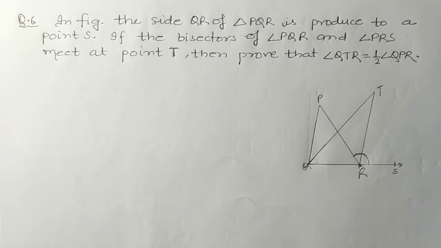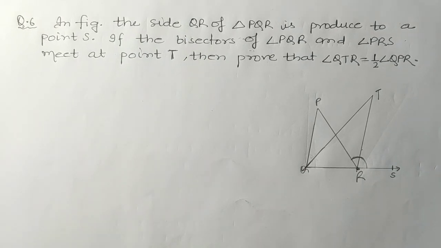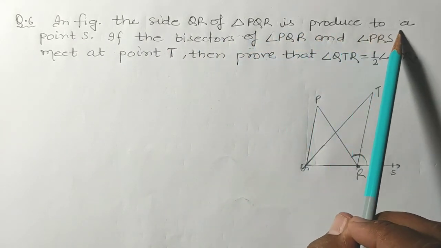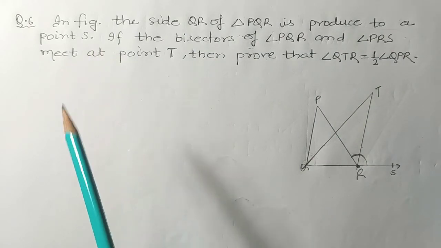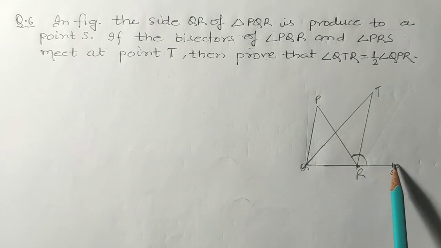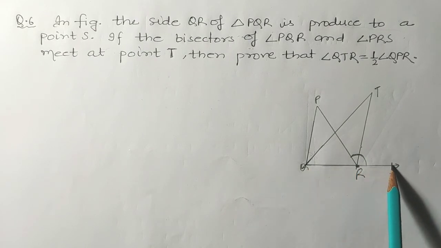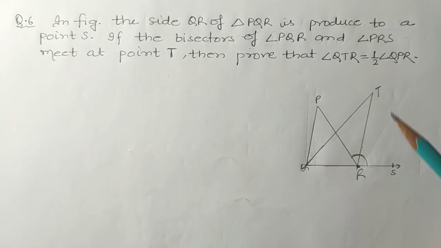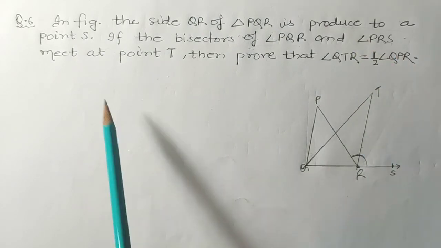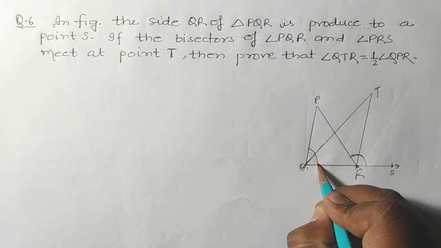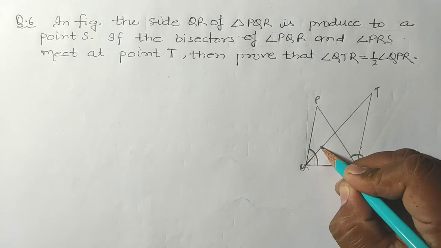Coming to the last question of this exercise, that is question number 6. Question number 6 is, in the figure, the side QR of triangle PQR is produced to a point S. Okay, in triangle PQR, the side QR is produced to point S. Produce means it is extended to point S. If the bisectors of angle PQR and angle PRS meet at point T. See students, the bisector of angle PQR means this QT.